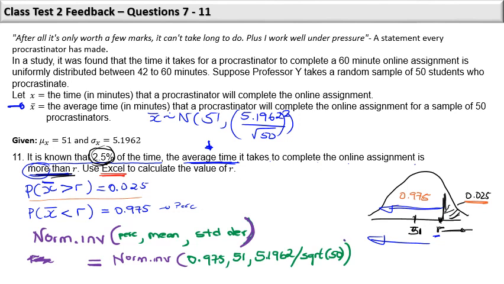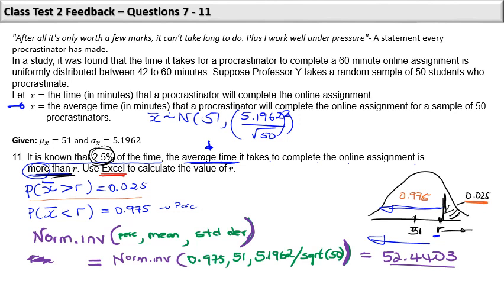Then we can close our bracket. There you go. Now when you press equal here, the answer that you will get is 52.4403. So now you've used Excel. So that is why we always suggest when you're using the tables, you can just go check your answers using Excel.